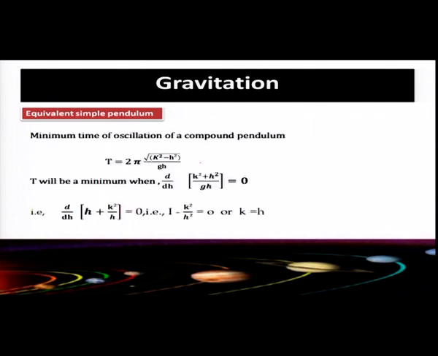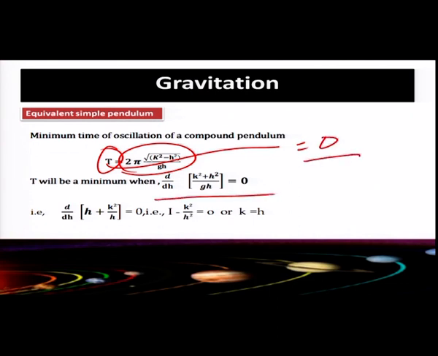So, we will find out what is the minimum time of oscillation for a compound pendulum. The time of oscillation for a compound pendulum is given by capital T equal to 2 pi root of k squared plus h squared by gh. Therefore, in order to have a minimum value, you should differentiate this equation and set it to 0.